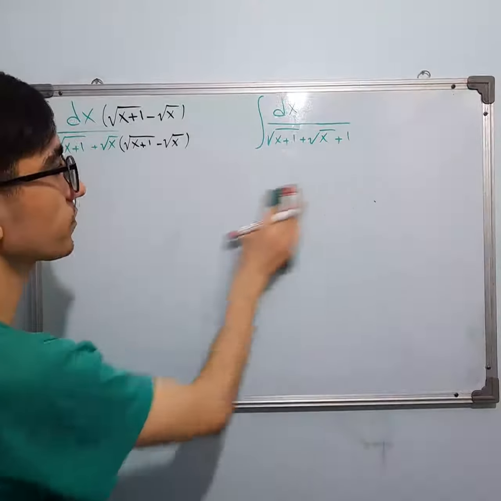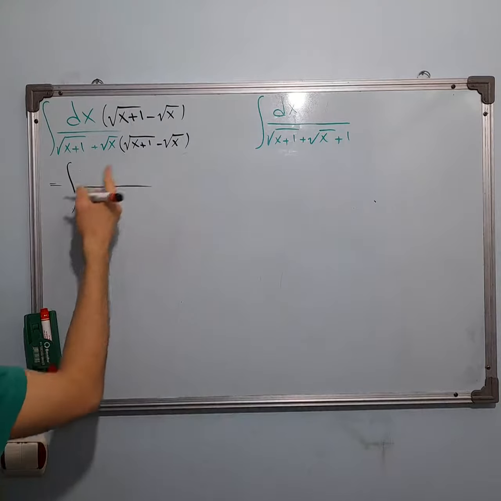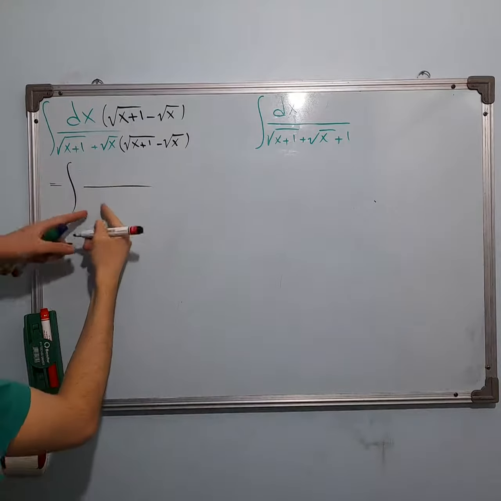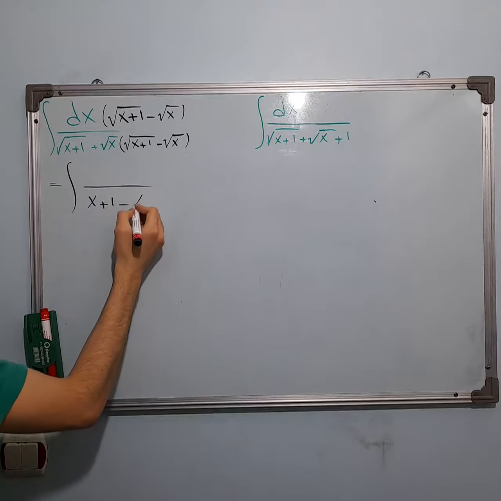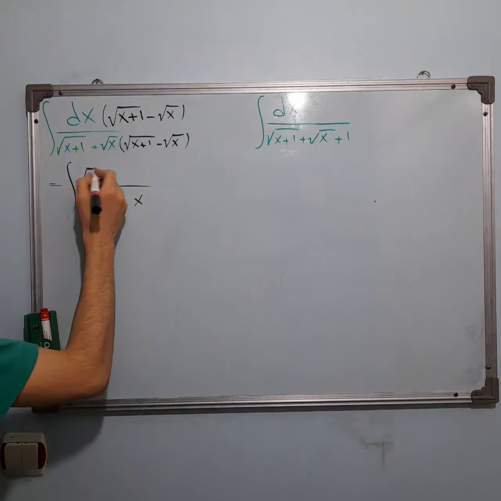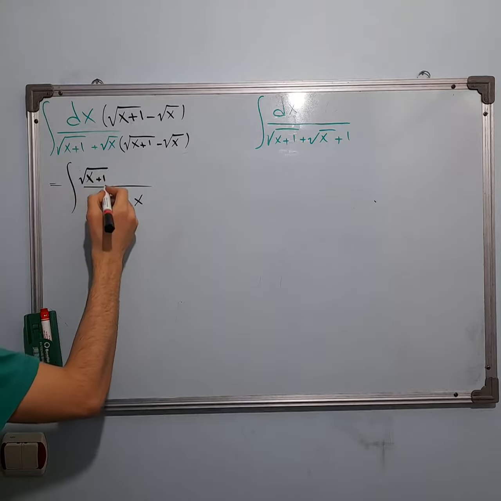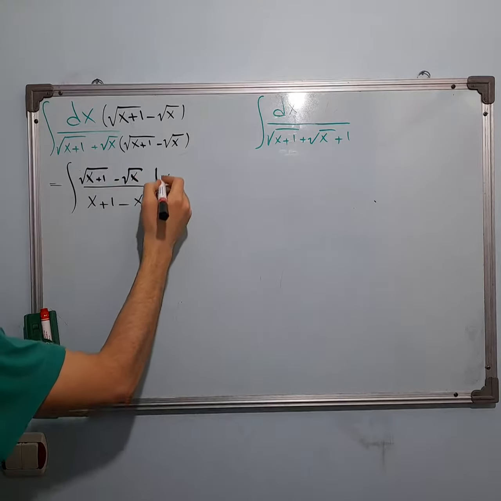So now here in the denominator we have x plus 1 minus x, and in the top we have square root of x plus 1 minus square root of x dx.